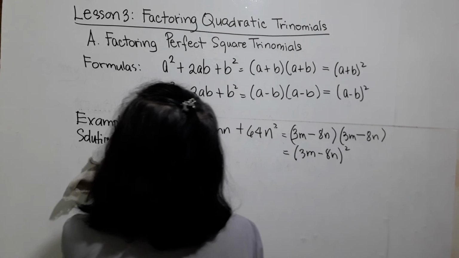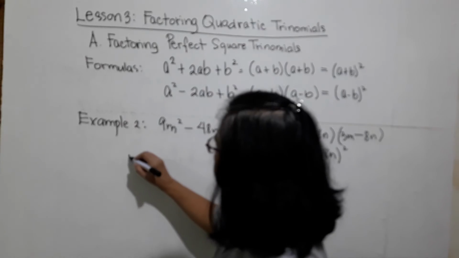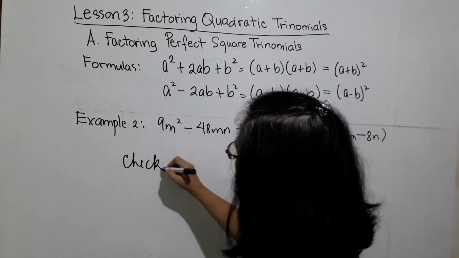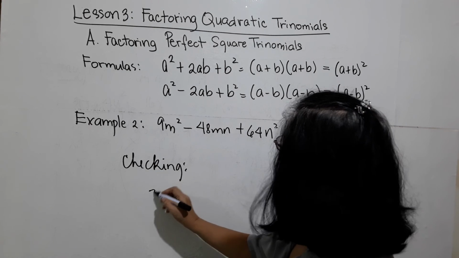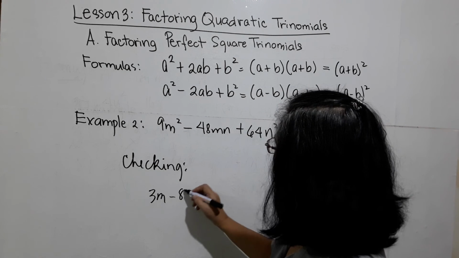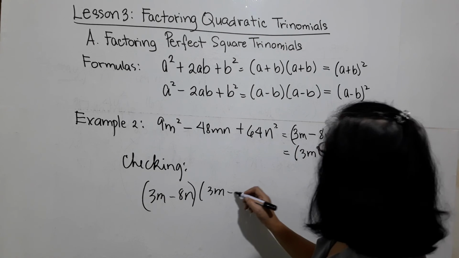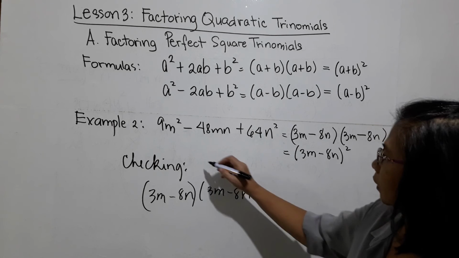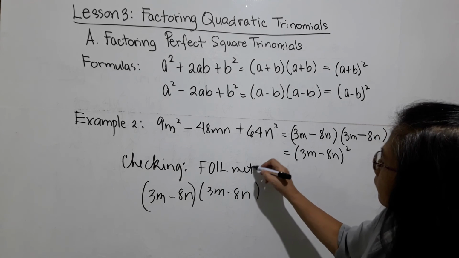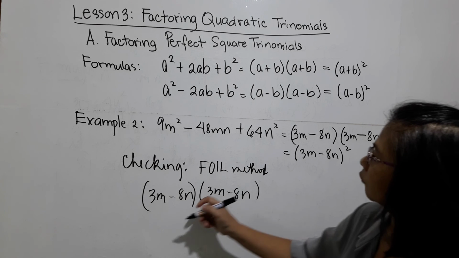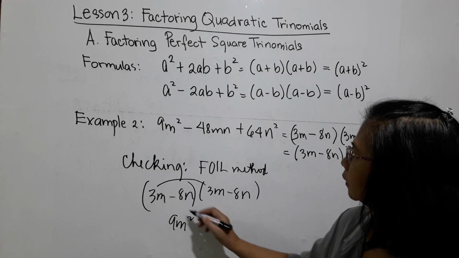Okay, we can have the checking just like what we had in example number 1 by using the FOIL method. So you have 3m minus 8n times 3m minus 8n. Following the FOIL method, the first terms, we have 9m squared.